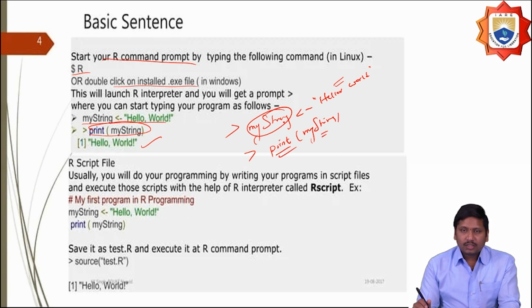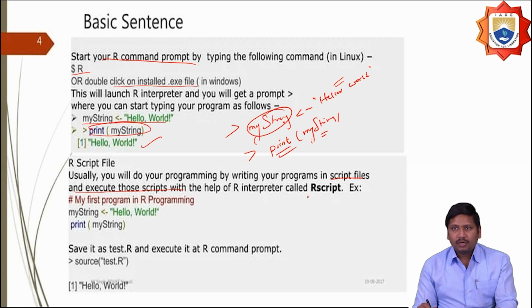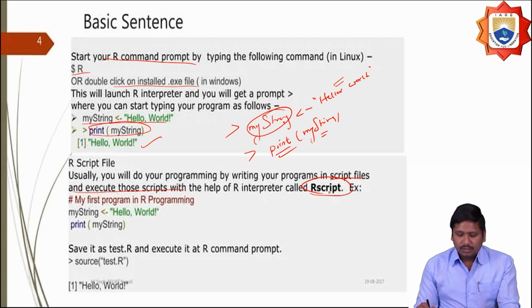And next is the R script file. It is used for scripting files and executing these scripts with the help of the R interpreter, like Rscript. My first program in the R language is my string, hello world, and print out my string, and we have to save it as test.r and execute it at the R prompt.